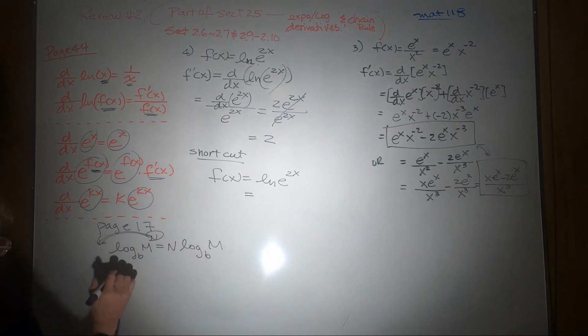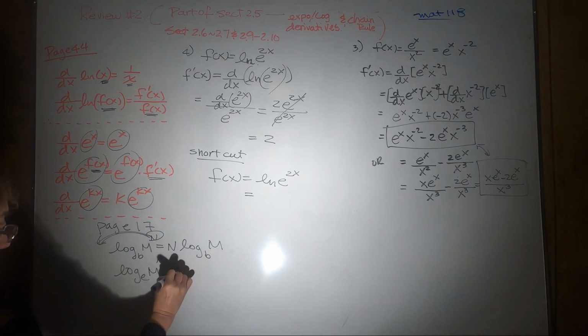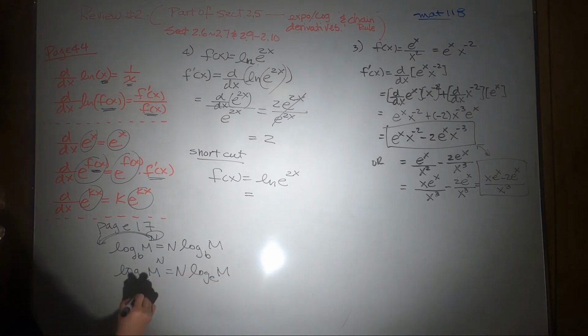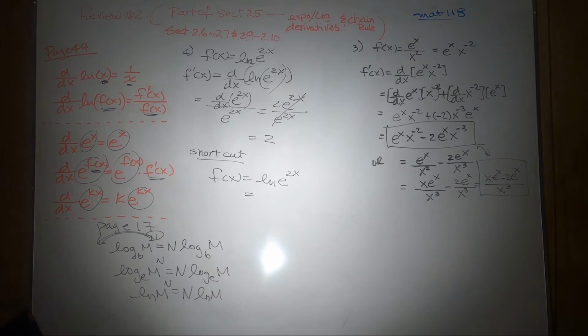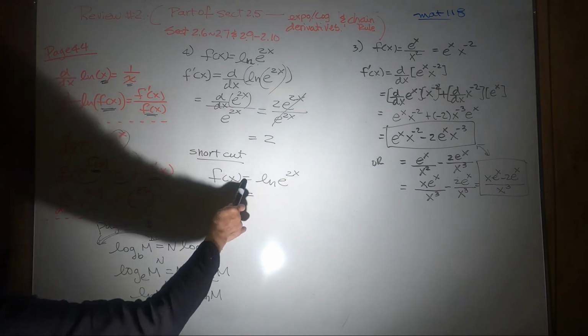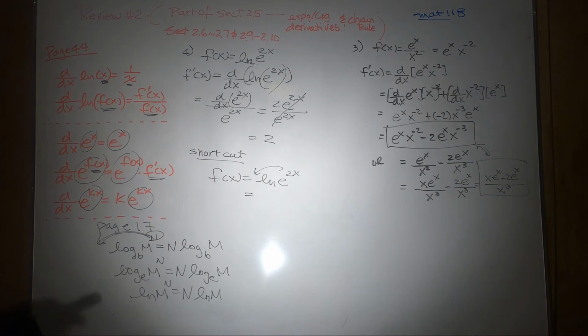Natural log is log base e, right? So natural log of m to the n equals n natural log m, right? That means whatever you have in a log, you can move your power to outside by the power property.